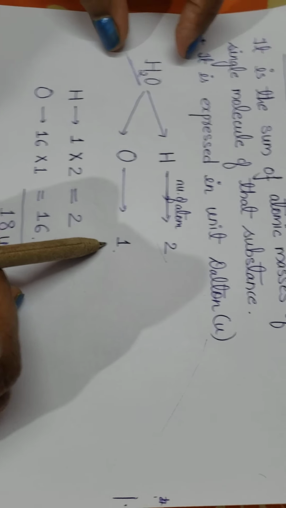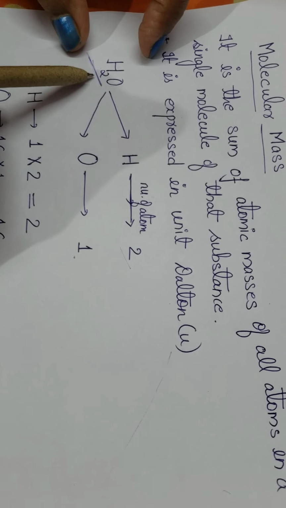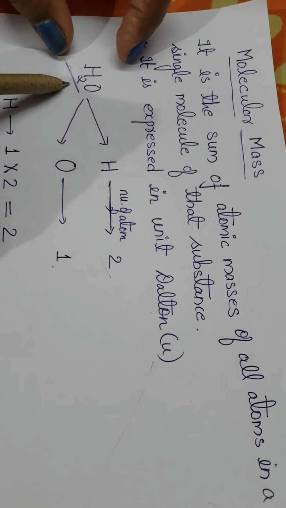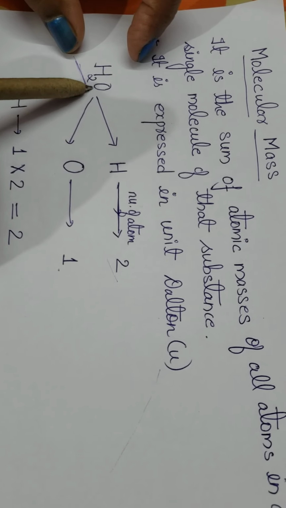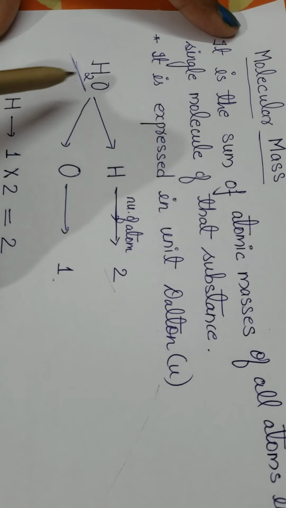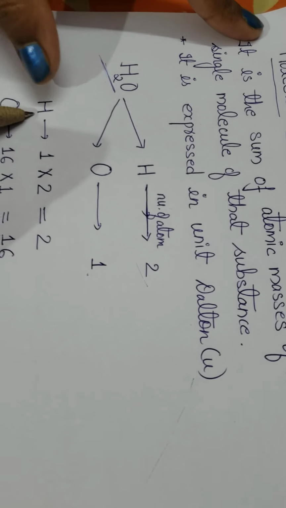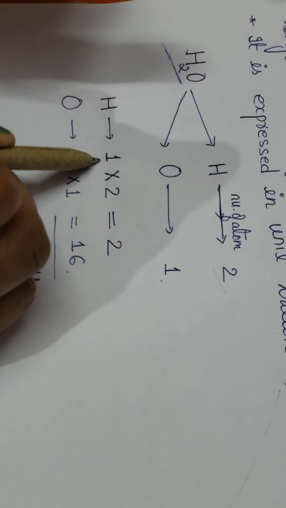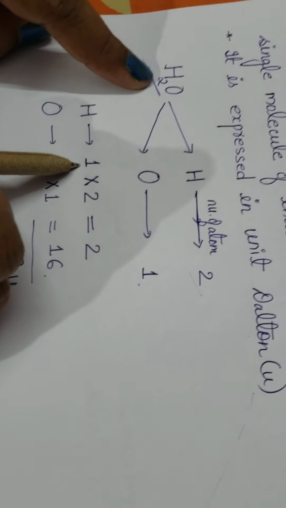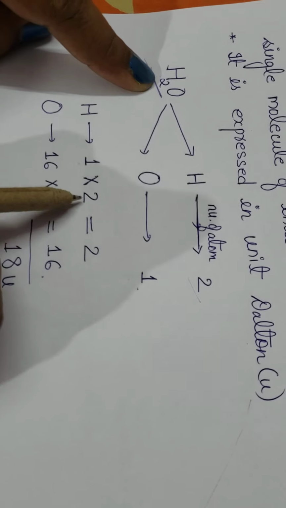Now when we calculate the molecular mass, that means we have to combine the mass of hydrogen and the mass of oxygen. So hydrogen, its atomic mass is 1. But in water, how many atoms of hydrogen are present? 2.